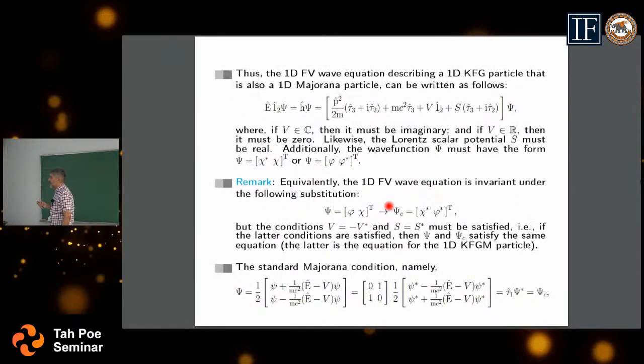And now, this is the equation describing a Klein-Fock-Gordon particle that is also a one-dimensional Majorana particle. If V belongs to complex, it must be imaginary. And if V is real, it's zero. So the scalar must be real.